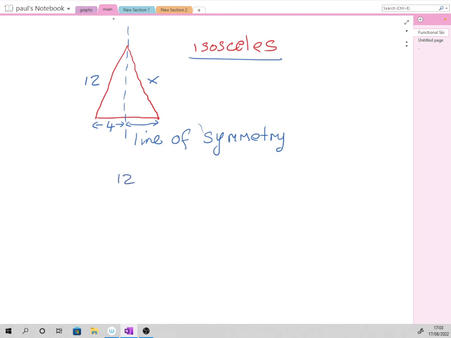So for the perimeter you've got 12 plus the 12 on the right hand side up there plus the 4 that we've got and the other 4 there. So that's 24 and 8, it's 32. Well, call it centimeters, yeah, it could be anything. So a line of symmetry tells you it's an isosceles triangle.